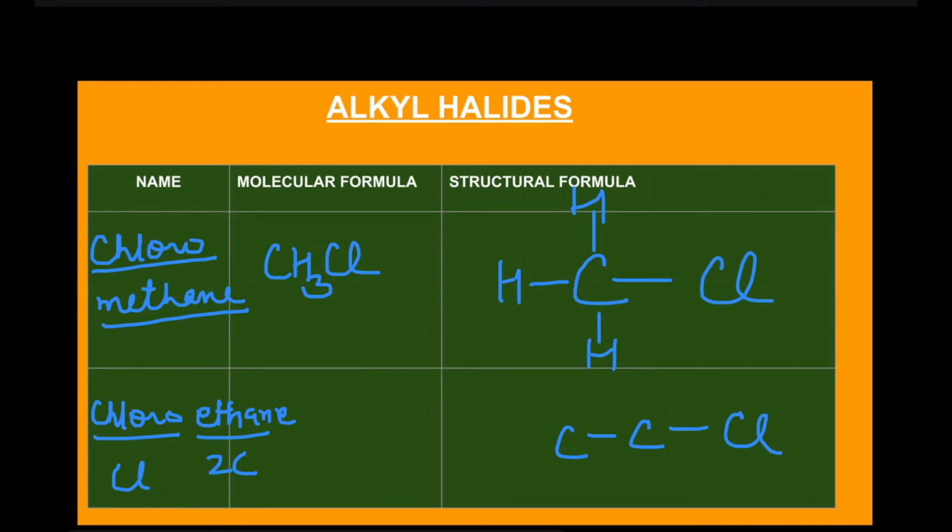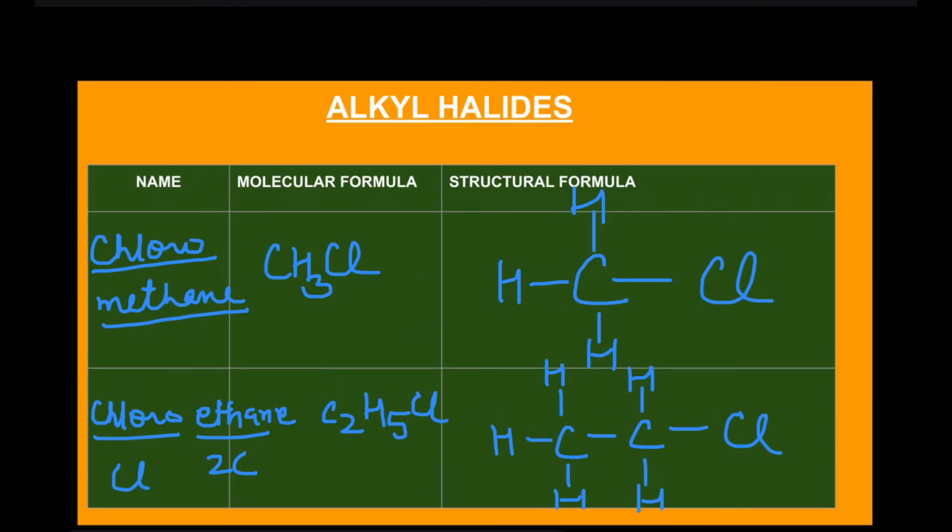And now we are going to write the hydrogens according to the valencies which are available to us on each carbon. This is the structural formula of chloroethane. The molecular formula is C2H5Cl.